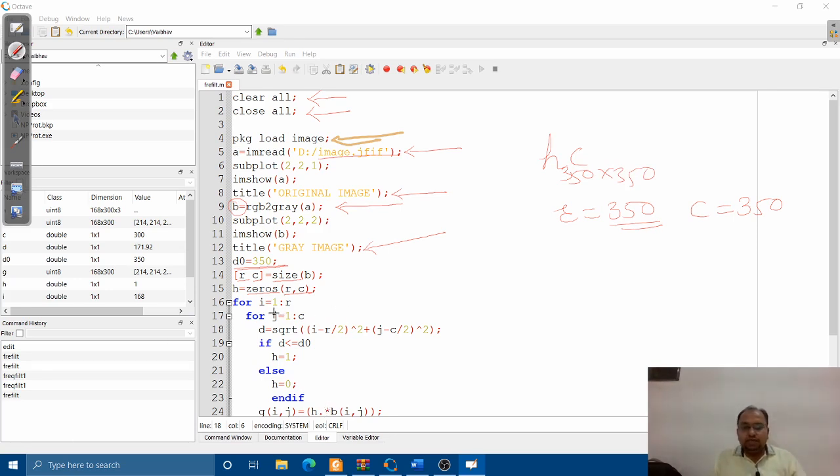So we have created another variable which can hold my filter mask. So this is the filter mask actually. Is that fine?